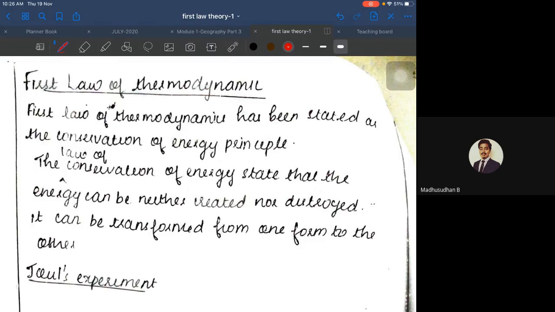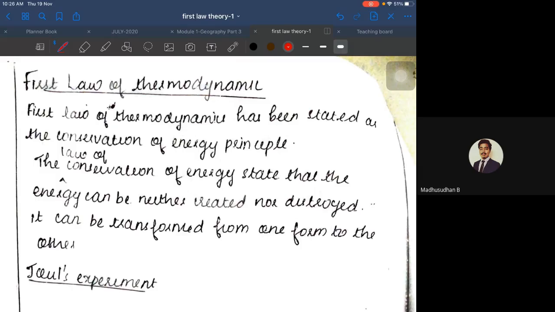Okay, so in this class, we'll start the first law of thermodynamics. The laws of thermodynamics, two basic laws are there. The first one is the first law, the second one is the second law of thermodynamics. These two are so important that I will be using them all the way throughout.